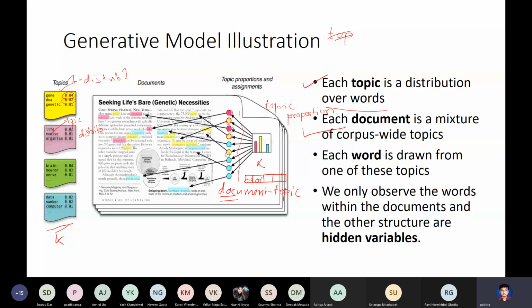Okay, so another way of thinking of it is like this. You are all familiar with a 6-facet dice. Imagine this as a k-facet dice, and not an unbiased dice, a biased dice. You have one such dice for every document. Every document is one such dice. And what is the bias?